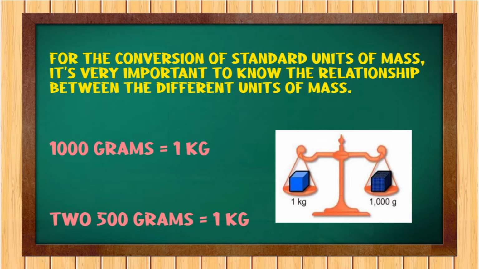For example, 1,000 grams is equivalent to 1 kilogram, meaning that if we were to measure 1,000 grams and 1 kilogram on a scale, both would be the same amount. The only difference between them is the unit of mass. One is gram and one is kilogram.